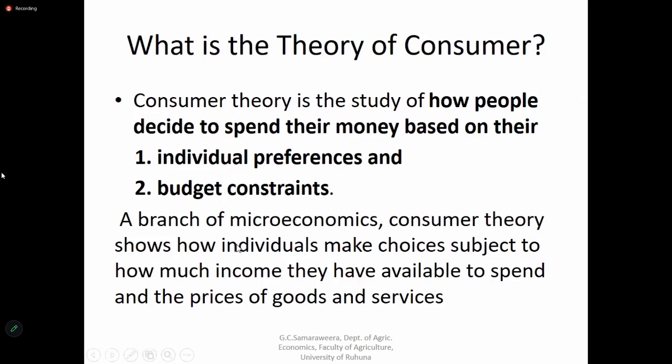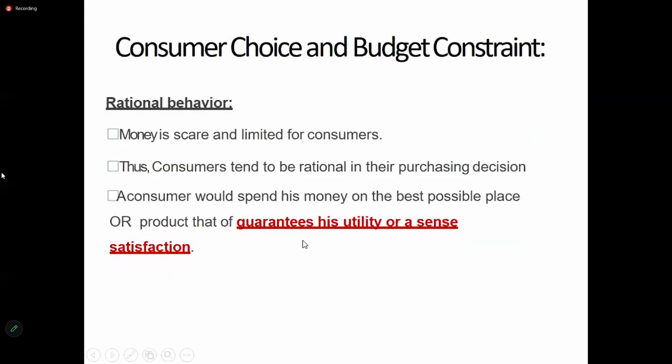These are the two factors: how much income they have and what the prices of these commodities, goods or services, are. They have to decide based on the money available in their hands. First, the income; second, the prices of goods and services.